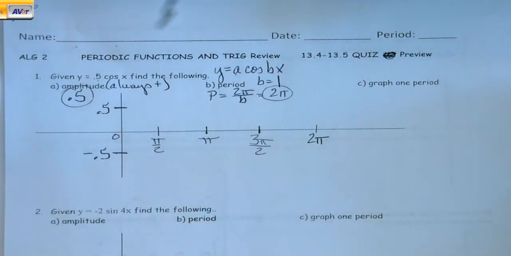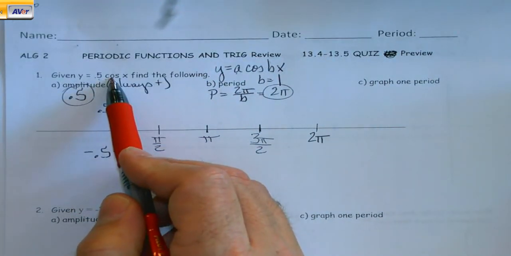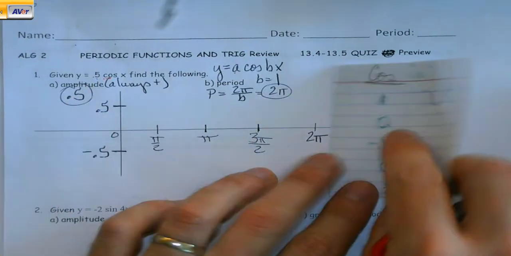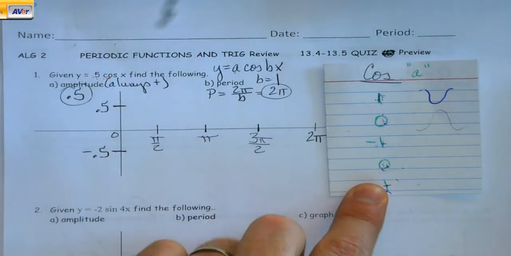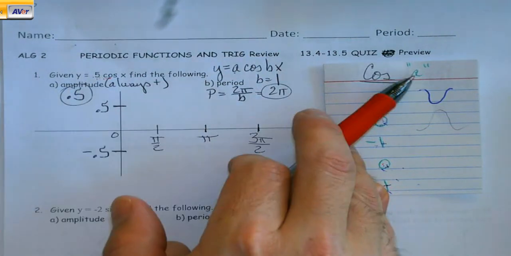So that gets me set there, and then when I go to graph 1 period, pay attention to what the trig function is, because, again, this is a quiz on sine and cosine. I'm going to mix them up. So I notice here we're going to be doing cosine. My A value is 0.5.